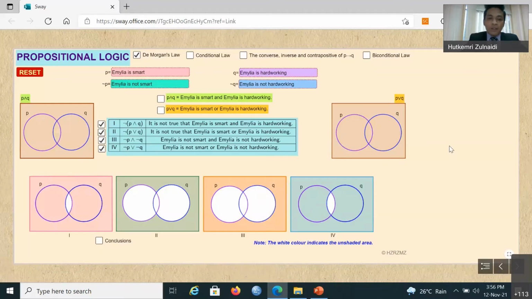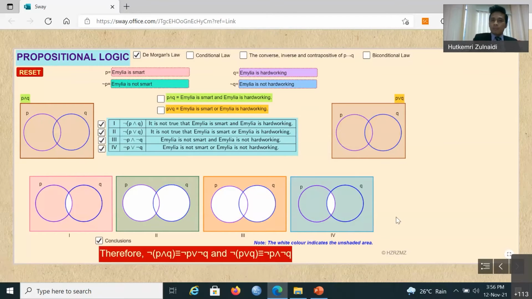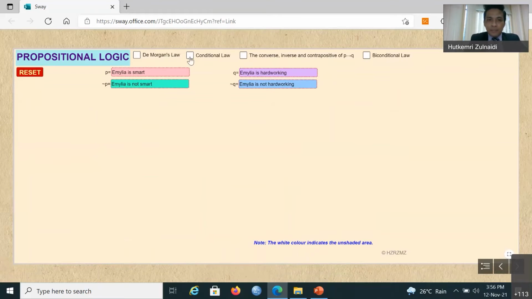So this is one example for De Morgan's law. We have the others too: the conditional law, the converse, inverse and contrapositive, and the biconditional law. If you want to use the next one, just reset and press conditional law.